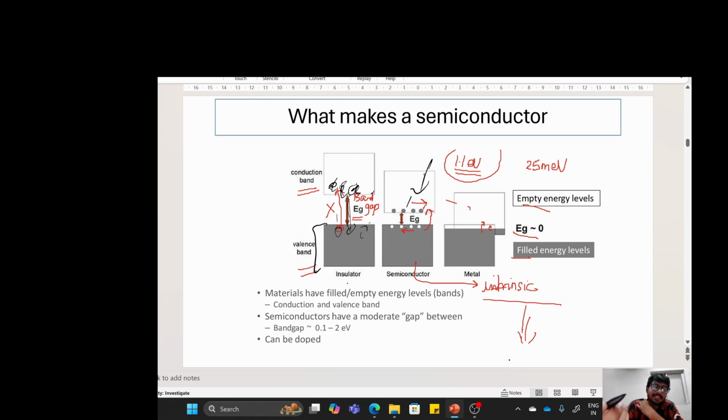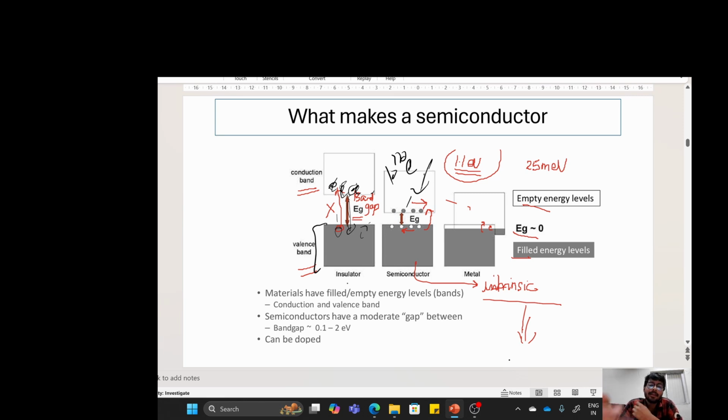At room temperature in silicon, around 10 raised to power 10 electrons can be found in the conduction band. They can move there because the energy levels in the conduction band are empty, with the application of an electric field.